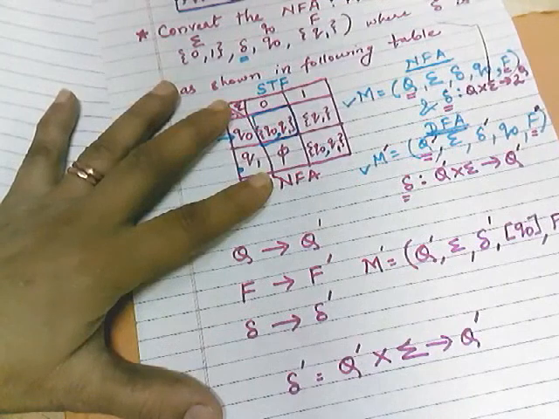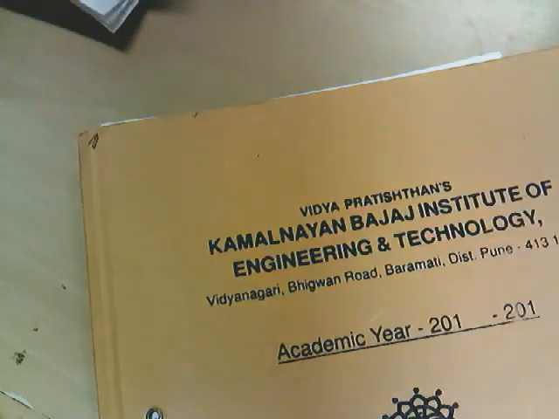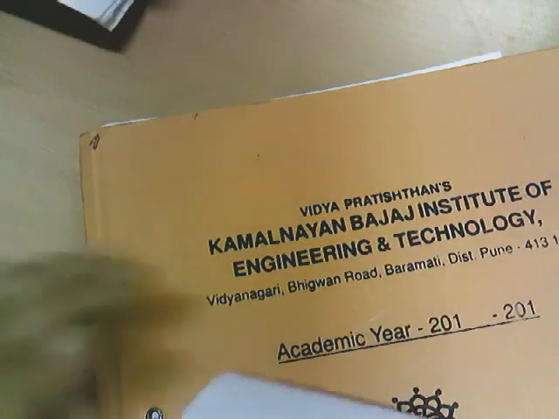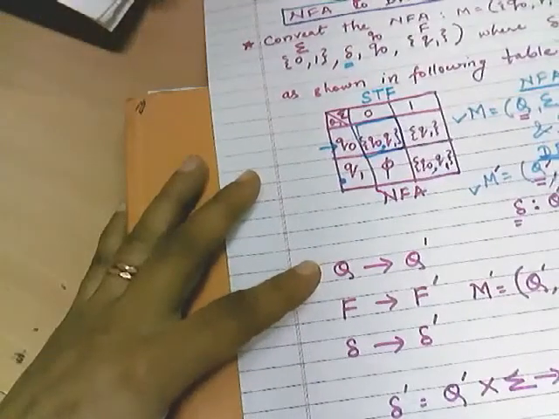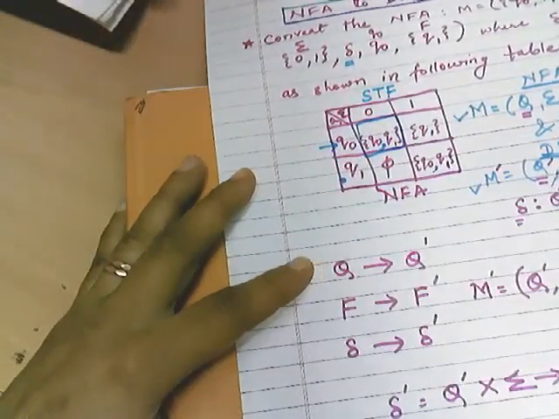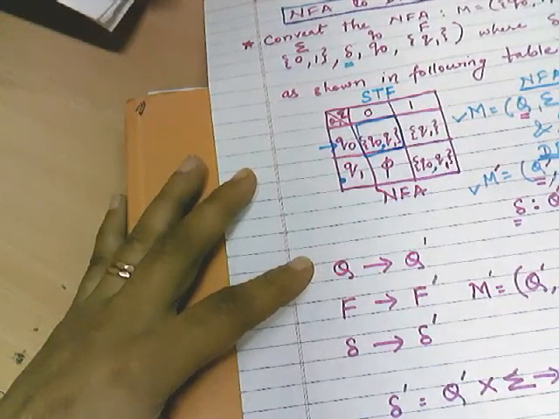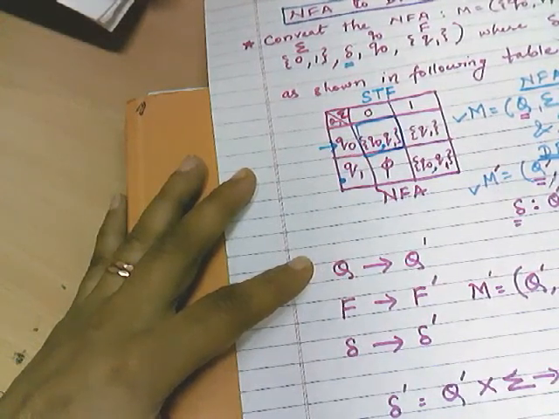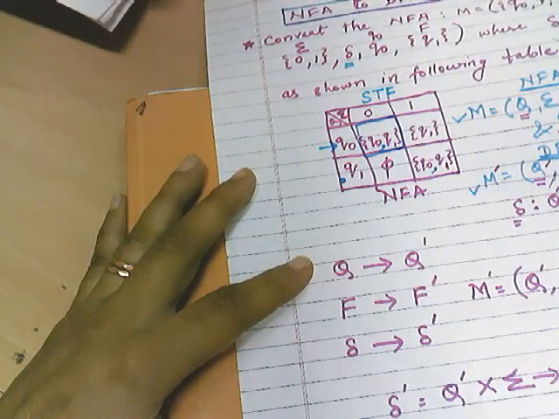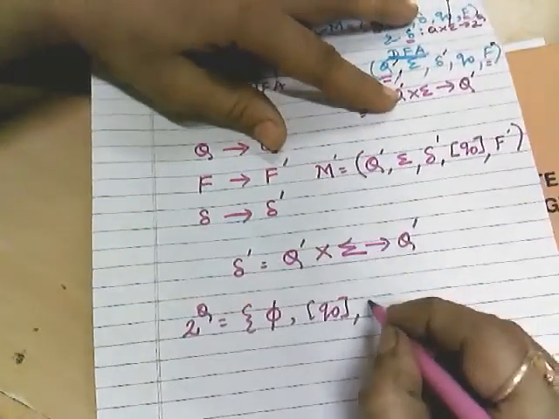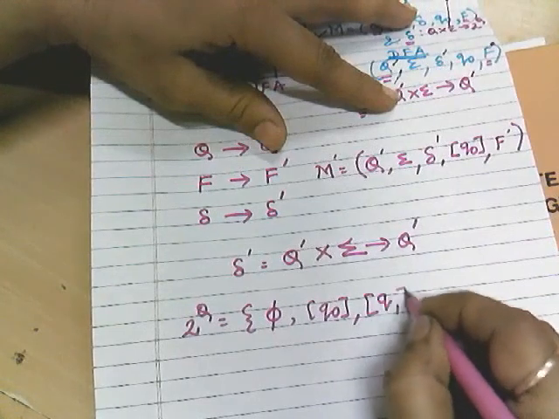Now how to find out these values? Whenever we are converting NFA to DFA, the very first thing we have to do is identify the power set of Q. So what is the power set of Q? As we have seen, it will be phi, Q0, Q1.